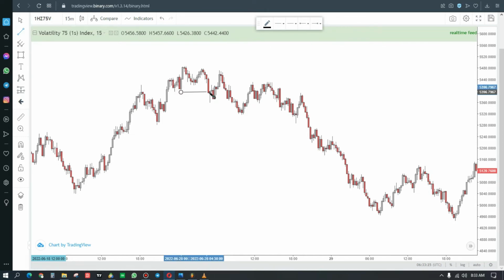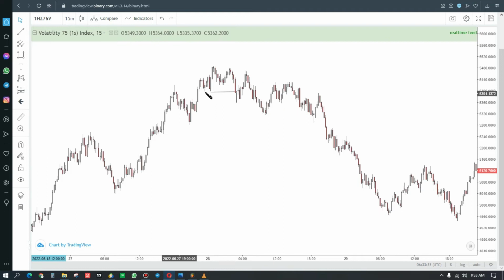Okay, so we had a break of structure here. If you were actually looking at the markets, you would have seen that the market just broke structure. So this would have been your change of character.